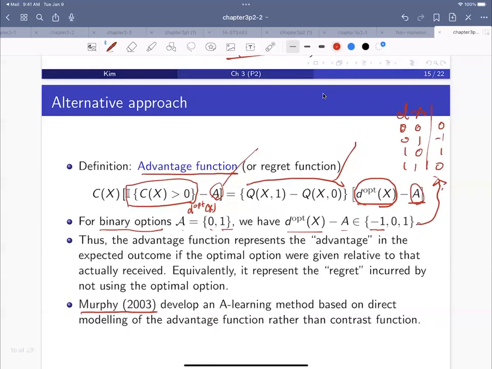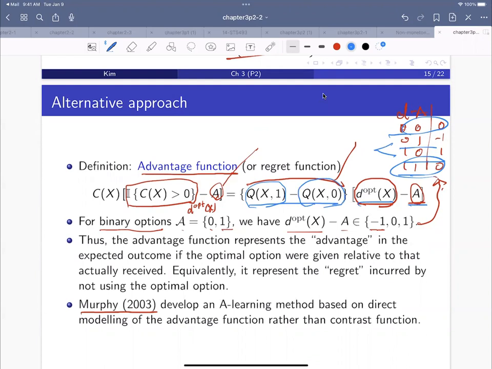So in these two cases, no problem, right? Our optimal choice happens to be the same as what you currently have, so that's not really a big deal. But these two, you basically compare the best option minus the current option.